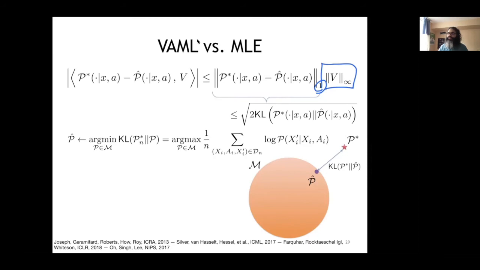But the issue here is that we are minimizing an upper bound of an upper bound. So that might actually be very loose. And this process that I described, minimizing the KL or its empirical version, MLE, ignores any possible information about the decision problem that we have. So here on the left-hand side, this is about the interaction of the value function and the model.